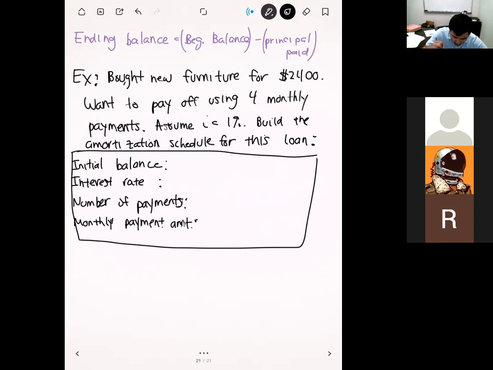These are what I would call the parameters of the problem.